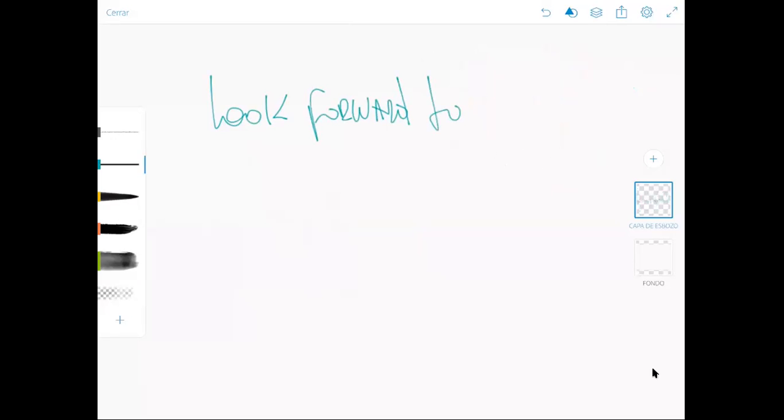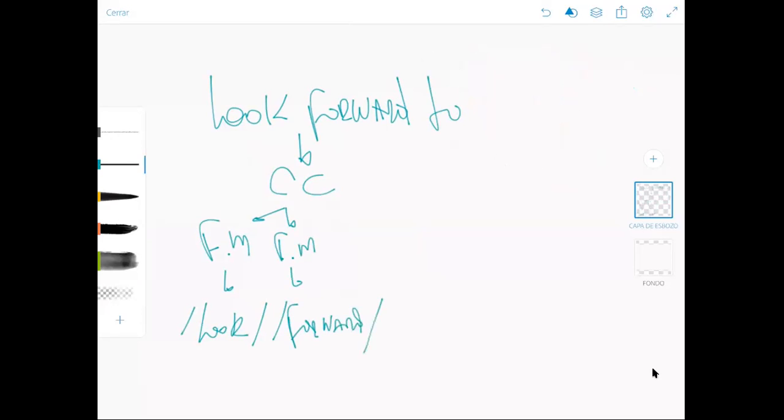In this analysis, we will say this is compound and made out of one free morpheme, look, and then another free morpheme, forward, and then another free morpheme, to.